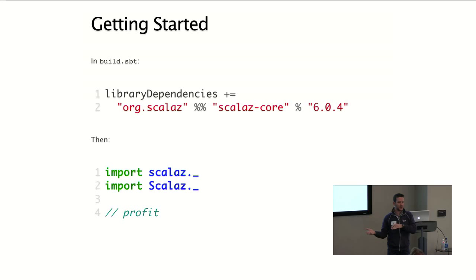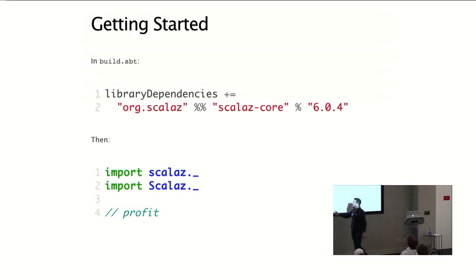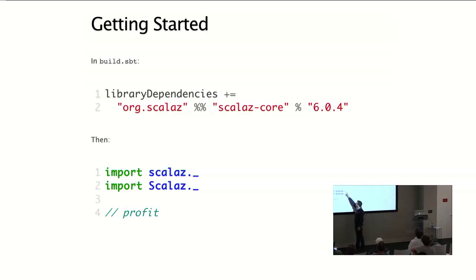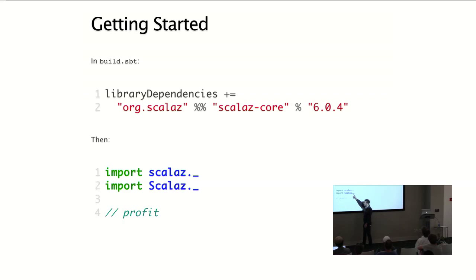It has slightly different APIs. It's not quite at a full release yet, so I'm still going to talk about Scalaz 6 in case it matters. And then in your code, it's really easy to use. You just do this, and then you get all this stuff for free. There's the first magical import, and that imports the uppercase version, and then you get everything inside the uppercase version. And you can use all the stuff that you want.